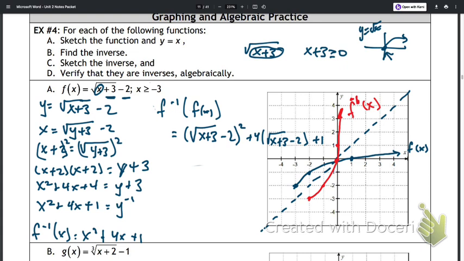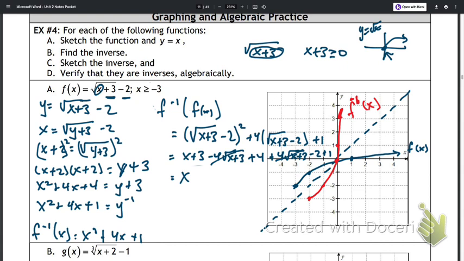So if you square this, you're going to get x plus 3 minus 4 times the square root of x plus 3 plus 4 times the square root of x plus 3 minus 2 plus 1. So this is going to cancel with this. So you'll end up with x, and then all of the rest should cancel out if I've done it correctly.